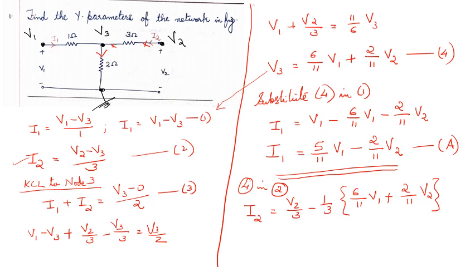Simplifying and separate the coefficient. Finally, we will get I2 is equal to minus 2 by 11 V1 minus 3 by 11 V2. This is equation number B.